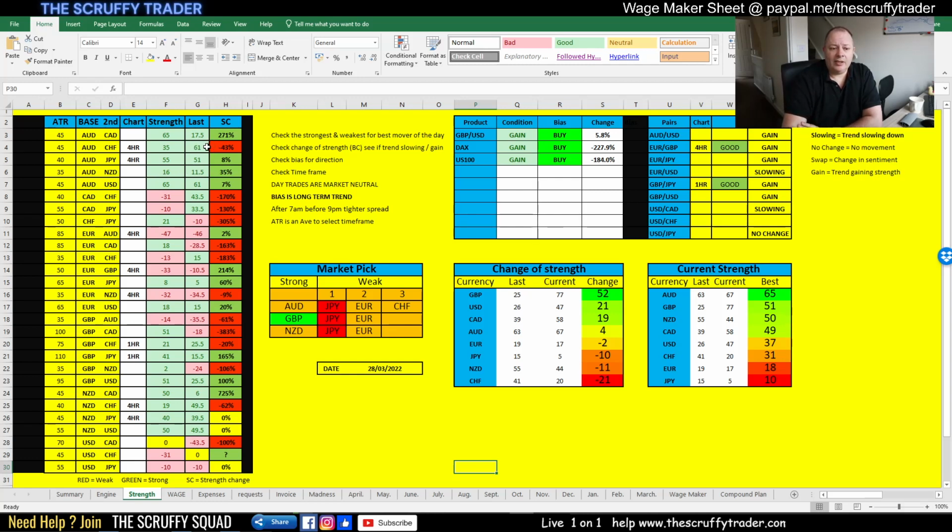The strength and the sort of strength change, the SC, is based on the current move. Now that could be either short or long, but it's like the current leg that the movement is within. And it'll tell you whether it's gaining pace or losing pace. So again, you can make a judgment call based on if you think it's losing ground, and you'll see that in the biases when I talk about that in a second, whether it's gaining or slowing.